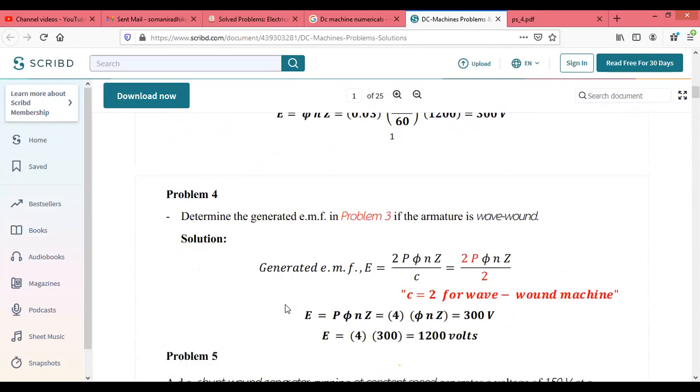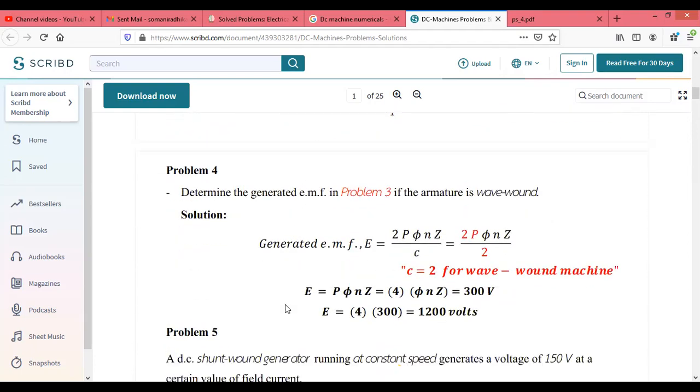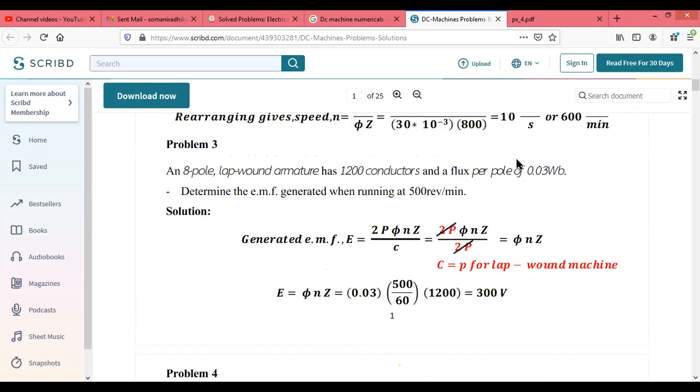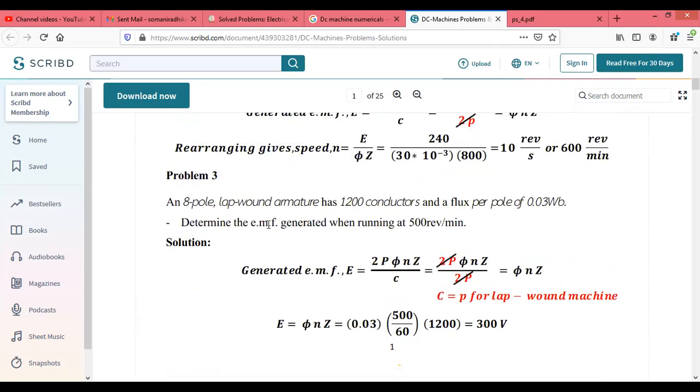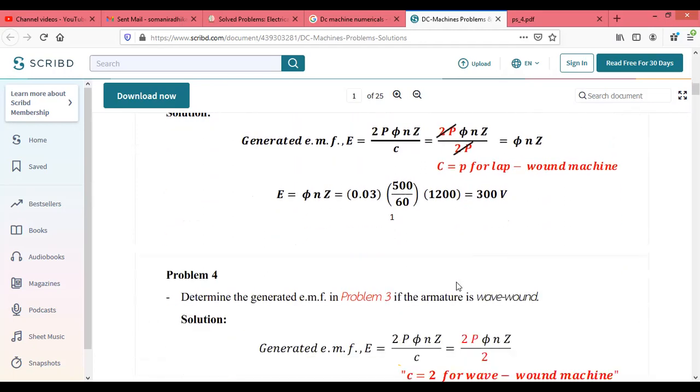Now again, we are solving the same third equation, but in which we are taking the armature as wave wound. There is one concept: if they have given the armature is lap wound, at that time you can take C equal to 2P.